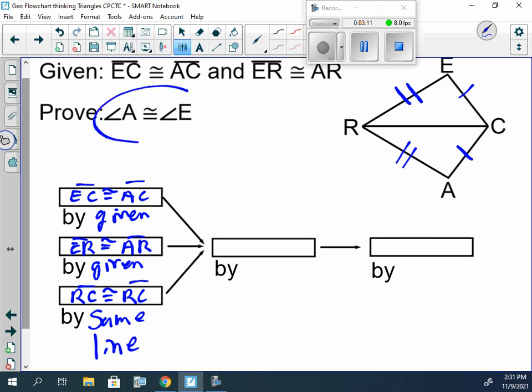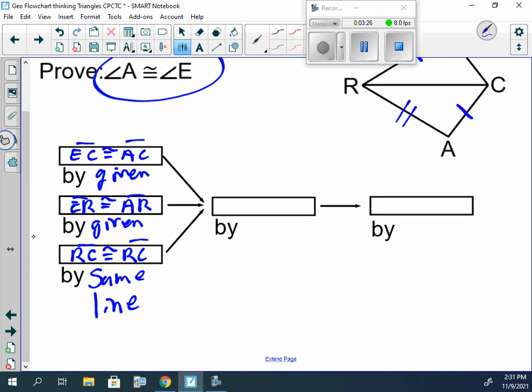Now, what we're doing is trying to prove that angle A and angle E are congruent. Since it didn't give us anything about the angles, if we can prove the two triangles are congruent, then we can say the angles are as well. Because we have the sides congruent in both triangles, now we can actually say the triangles are congruent.